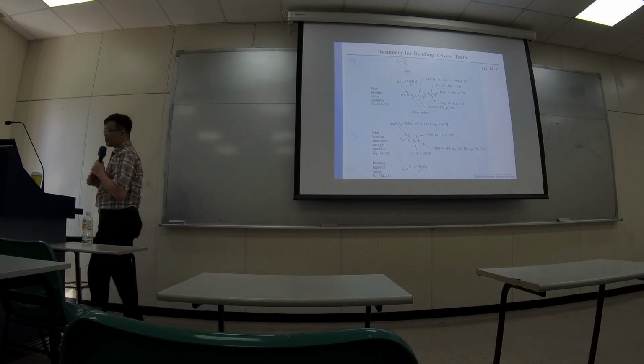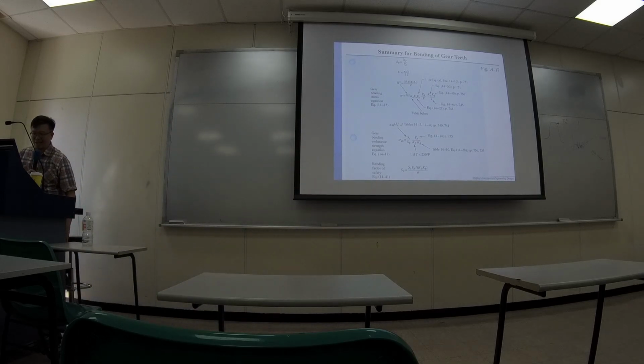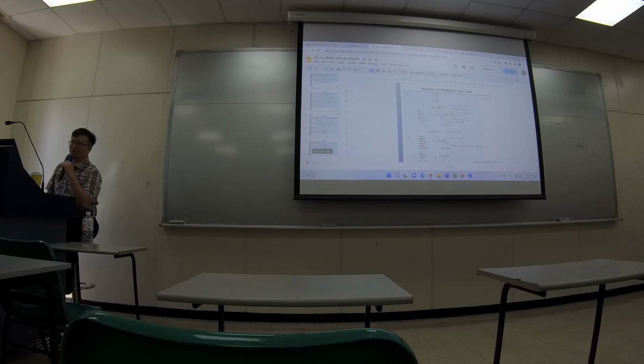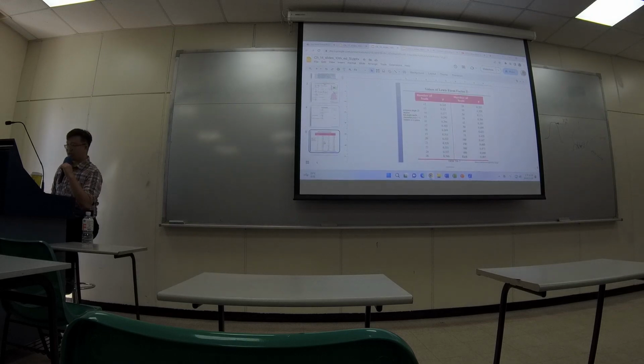Okay? So I think I cannot cover all the parameters. I guess I can just quickly go through what those are. And only when you are a gear designer, probably you come back to this book and figure out what's necessary.